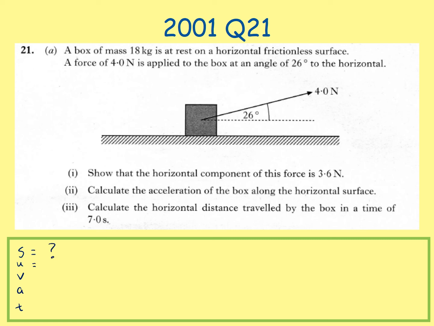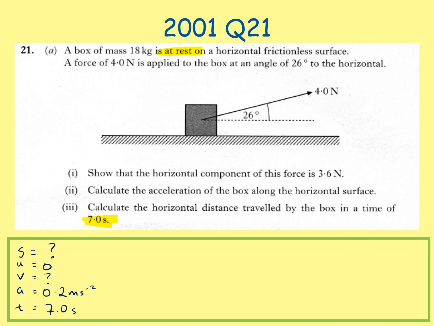Our initial velocity, having a look at the question, the box is at rest on a horizontal frictionless surface. So that means our initial velocity is going to be 0. We don't know what our final velocity is. Our acceleration we worked out in part 2, that's 0.2 meters per second squared. And our time is given in the question just here, that is 7 seconds.